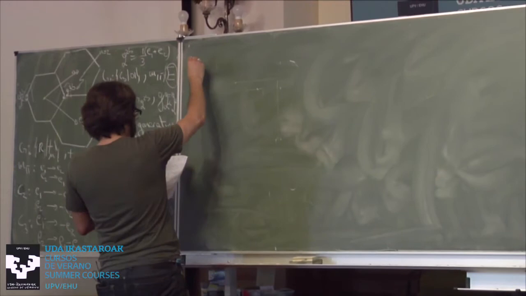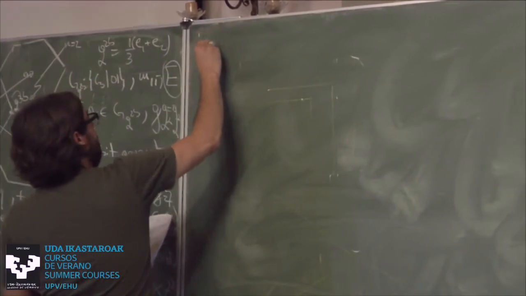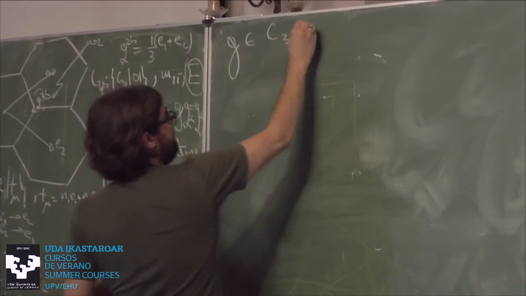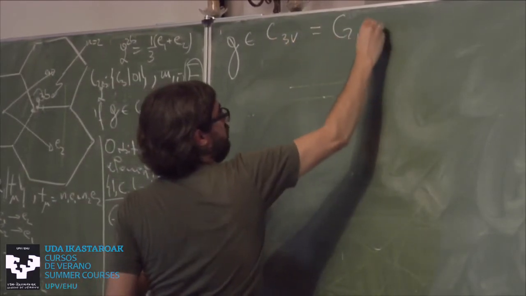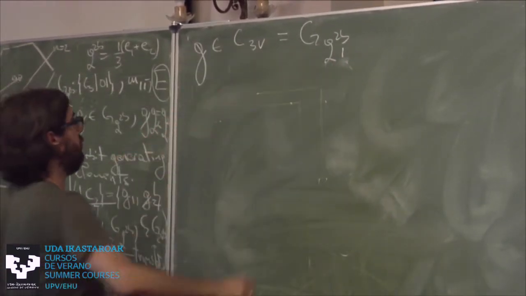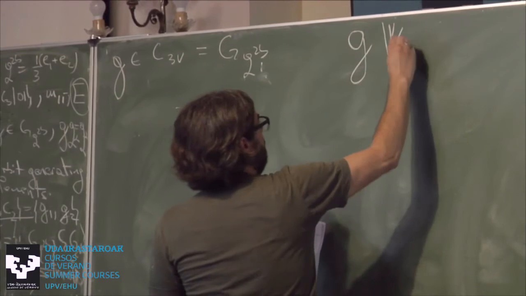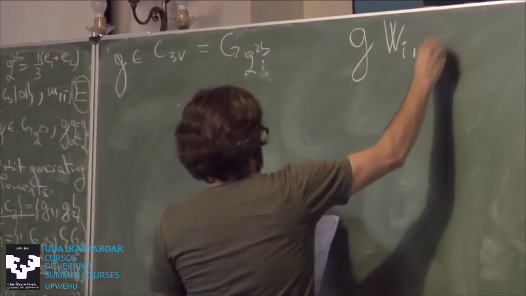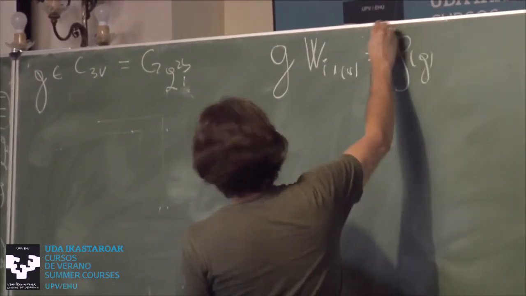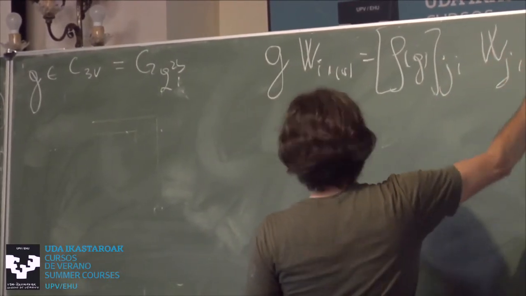Now, since I know the representation, I know that if my element G belonging to C3V, which is the site symmetry group of the Q2B1 position, it's also the site symmetry group of this one, I know that G on the wave function at site 1 is just the representation of G. This is just representation theory.